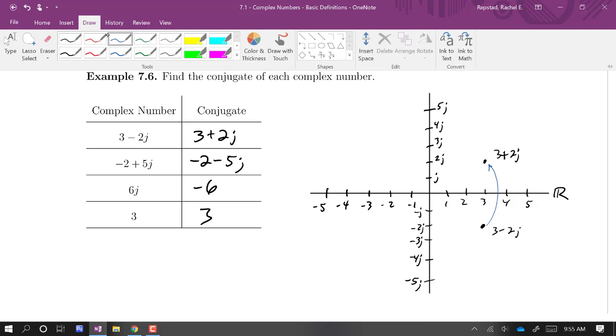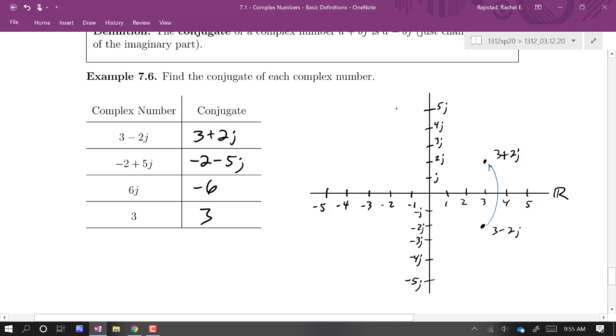Negative 2 plus 5j is up here. Its reflection, its conjugate, is down here at negative 2 minus 5j.